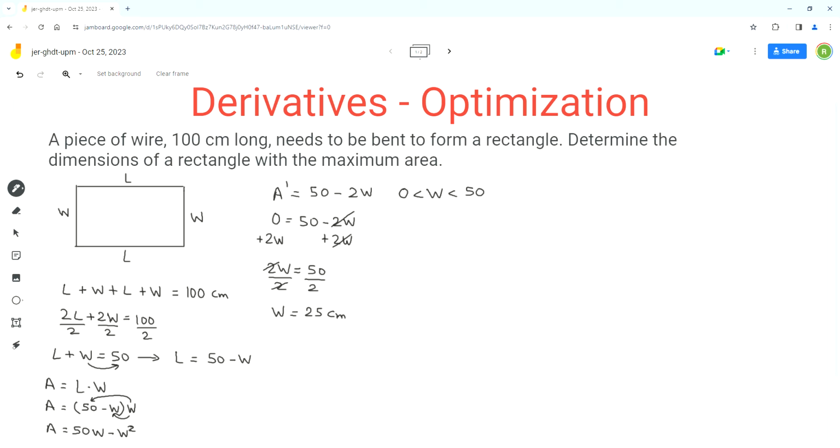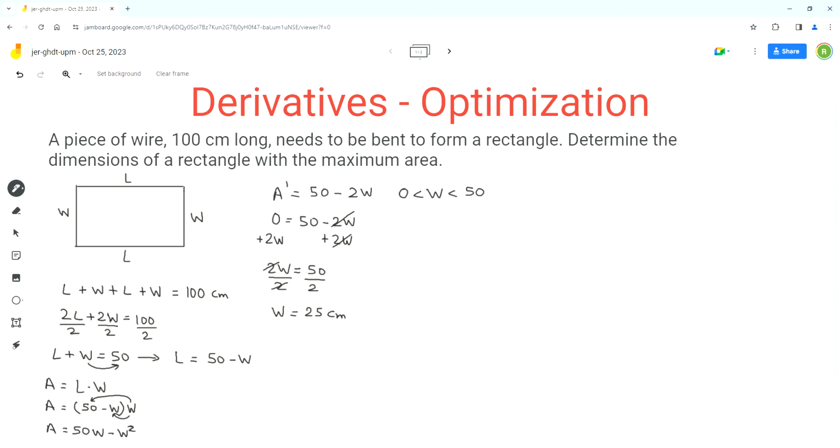But length cannot be equal to 0, because then the rectangle will become a straight line. So that's why W should be any value between 0 and 50. So this is a very important concept we need to understand and memorize.